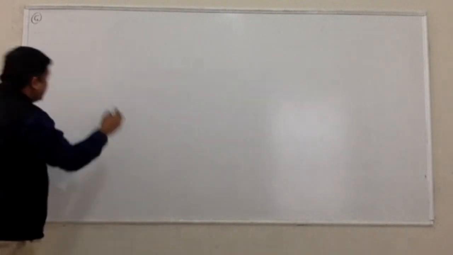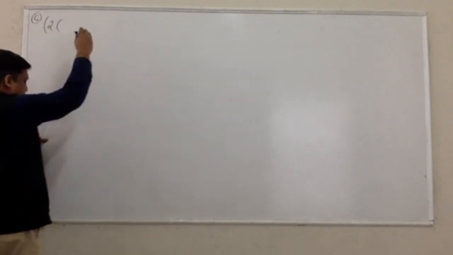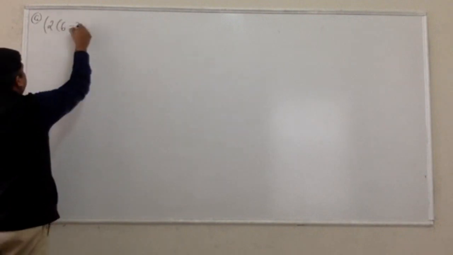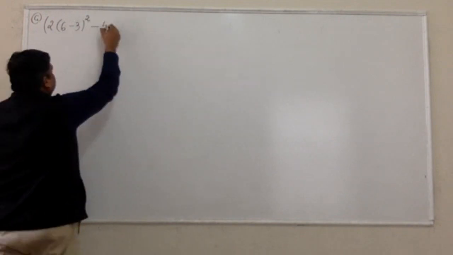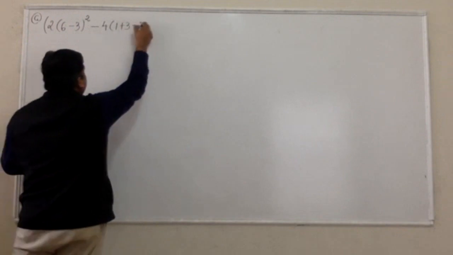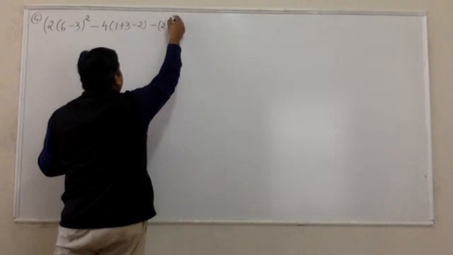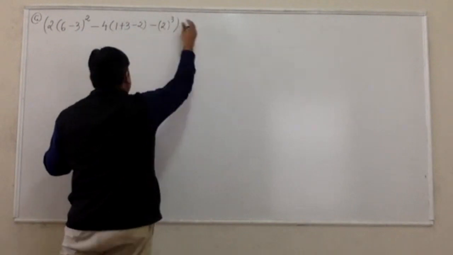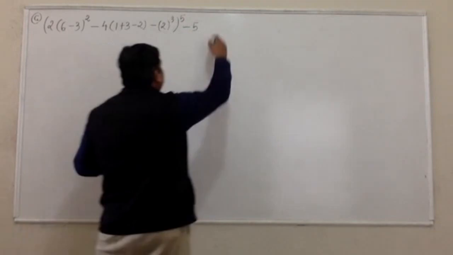Here is the first one. I have in the parenthesis 2 times 6 minus 3, the whole square, minus 4 times 1 plus 3 minus 2, minus 2 to the power 3, entire thing to the power 5, minus 5.